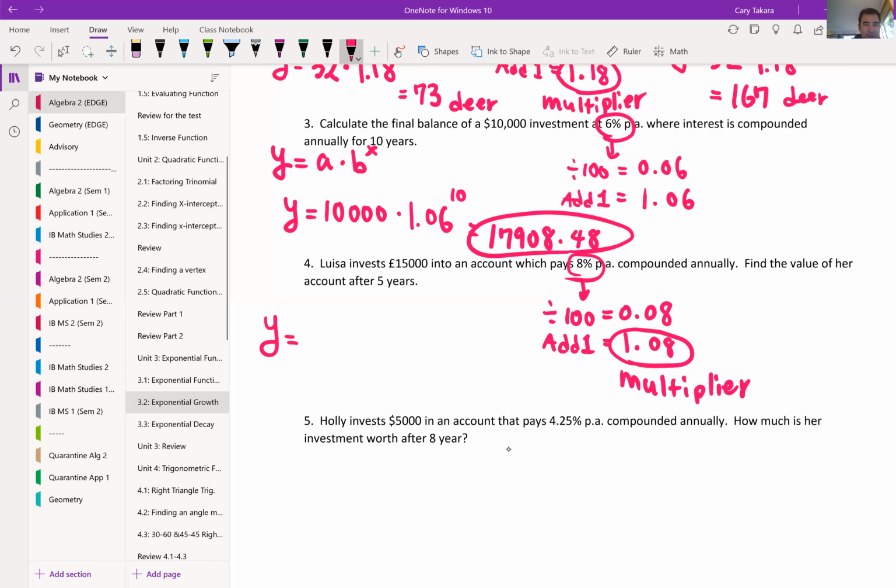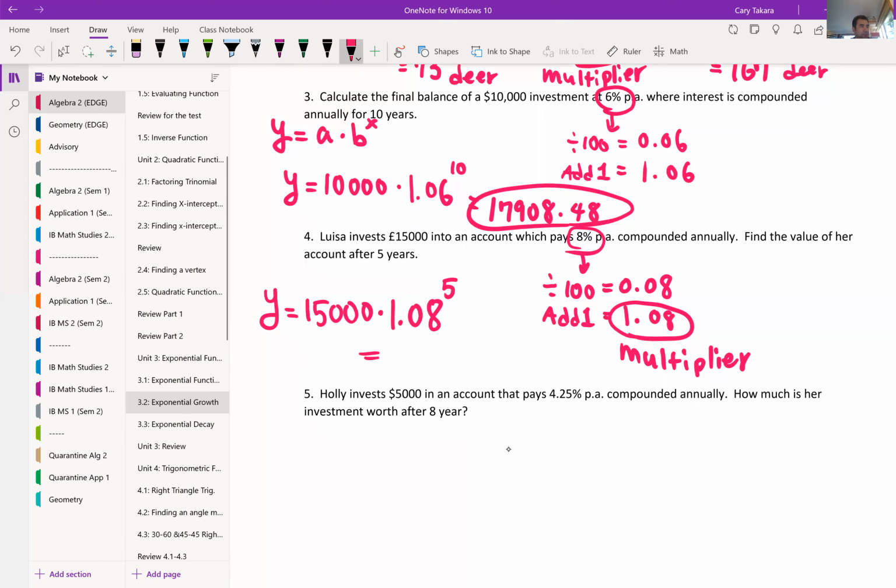Y equals initial value. Initial value of investment is 15,000. And then the multiplier is 1.08. And then the time is to the fifth power. That's the equation. Okay.